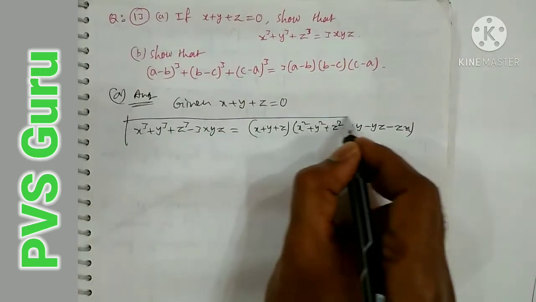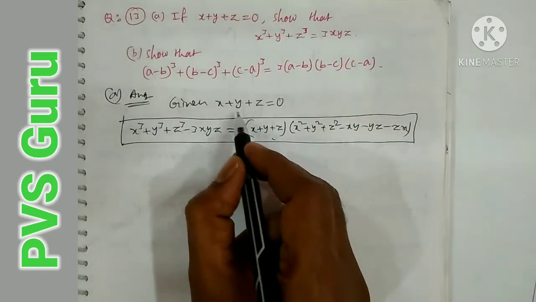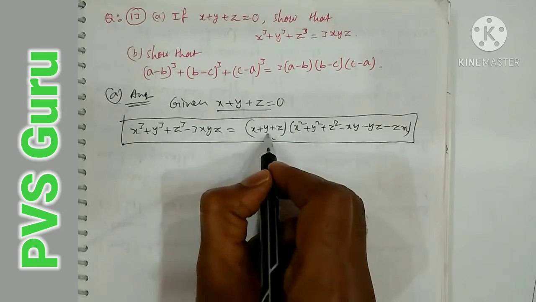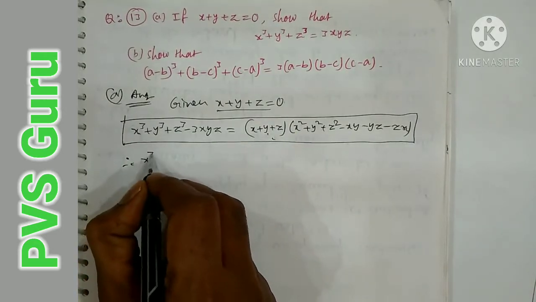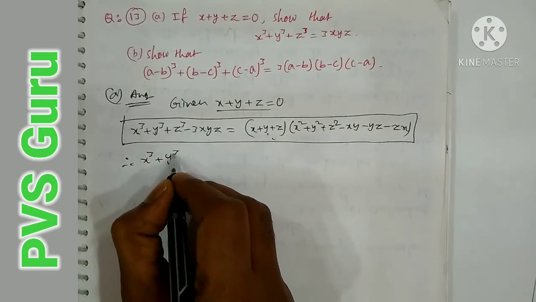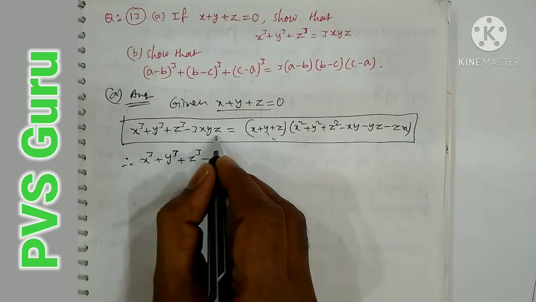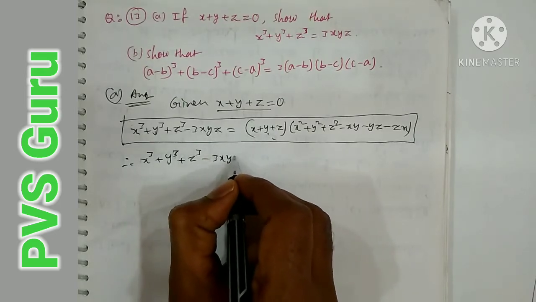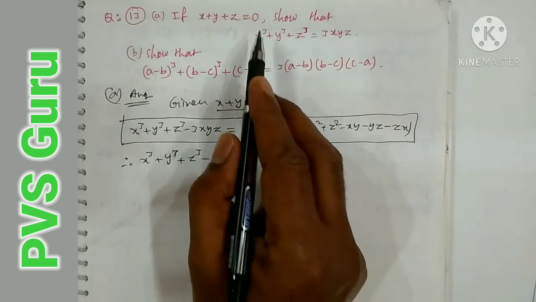This is identity number 8. In this one you substitute x plus y plus z is equal to 0. Therefore x cube plus y cube plus z cube minus 3xyz is equal to, this value is 0 as given in the question.